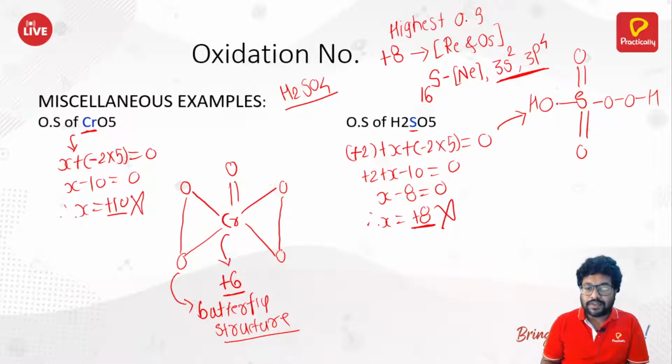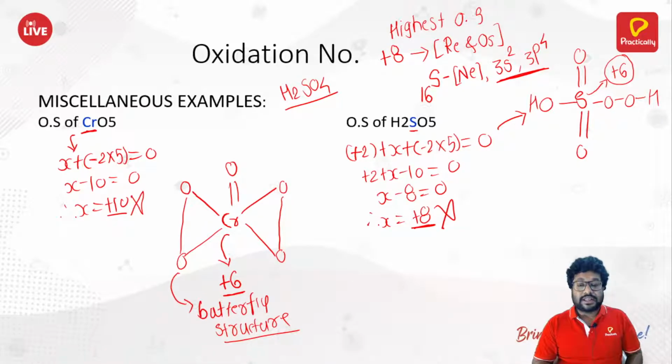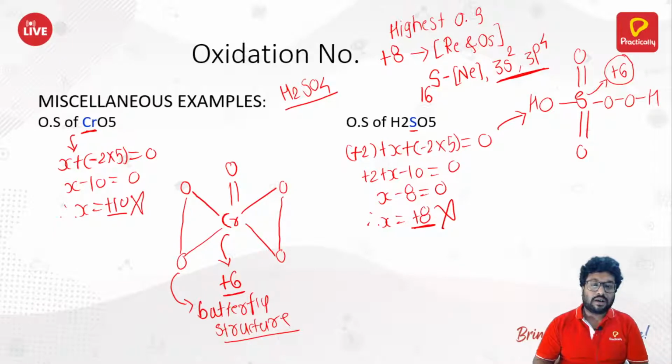And if you look at the sulfur here, sulfur has formed 6 bonds with oxygen atoms, which makes sulfur's oxidation state +6. This +8 is wrong. These are some of the exceptions, or I would say miscellaneous examples, where the actual oxidation state is different from what we calculate or what it seems to be.